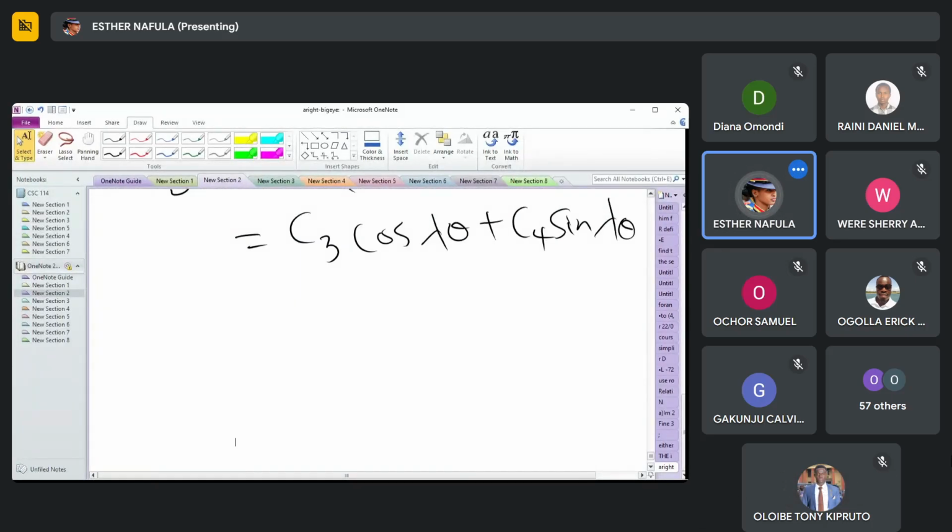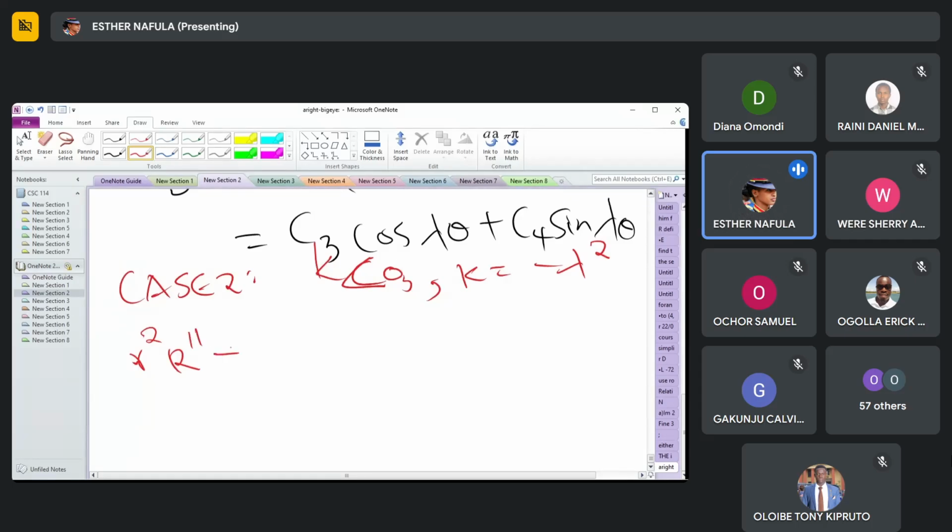We go to case 2, where k is less than 0. K equals minus lambda squared. Our two equations, the first equation will be r squared r double prime plus r prime minus k times r, but k is minus lambda squared, so it becomes plus lambda squared r equals 0.